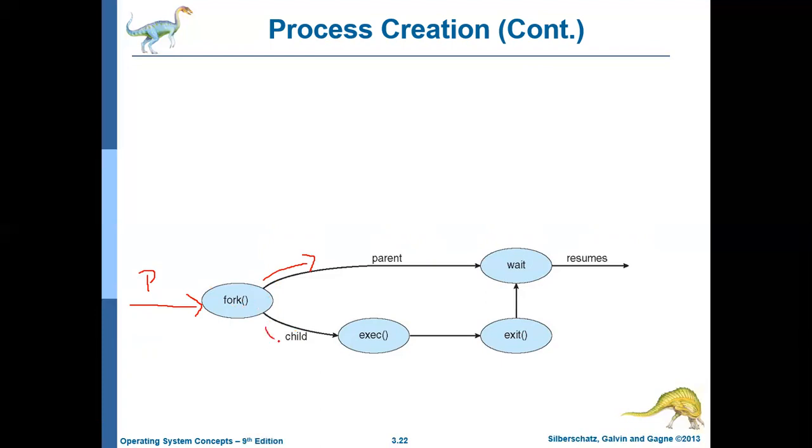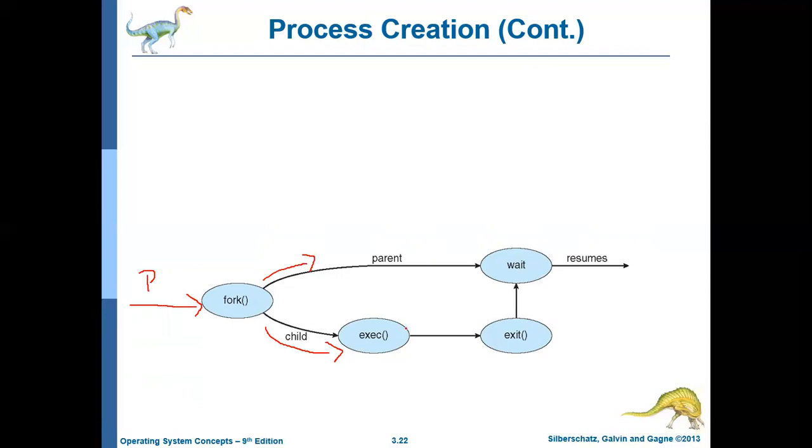In the child case, the child may execute the exec function of Linux, which is used to execute any command, or you can say it is used to change the memory image of the child.